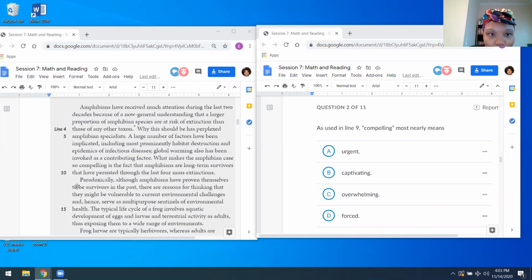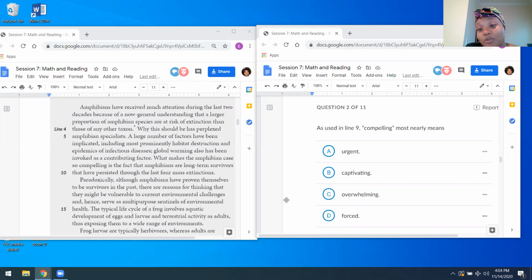They've lasted that many years, that many mass extinctions, that's why compelling kind of meant interesting and surprising. Yeah, I kind of don't like the answer choice they gave, because I feel like it could be either one.